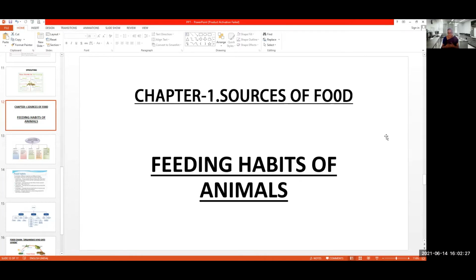So based on the habitat, animals can be classified into two: aquatic, the animals which are able to live in water, and terrestrial, the animals which are able to live on land.